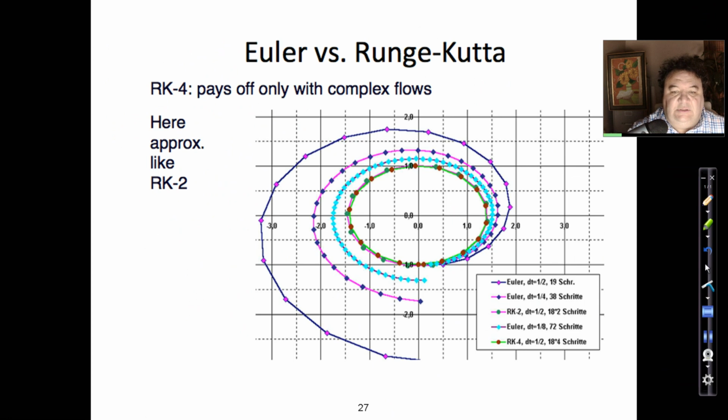Here you see the different trajectories, and you see that with a very low number of steps, the Runge-Kutta, the fourth order, quickly gets the proper trajectory, while the second order needs a little bit higher cost, and so here we go from 19, 38, and then the square of that, and so on, so that we have a clear balance that is in favor of the higher order methods to achieve higher quality in the data.